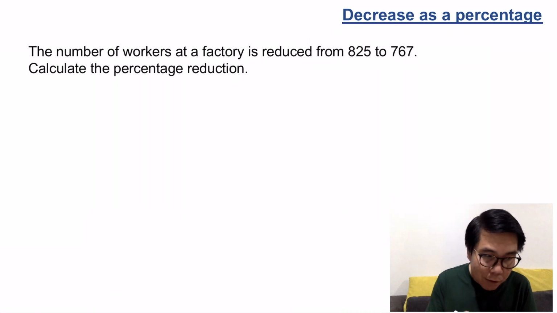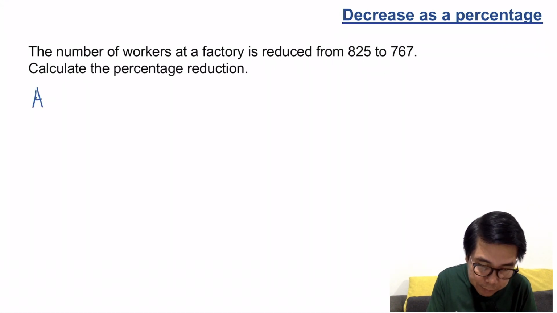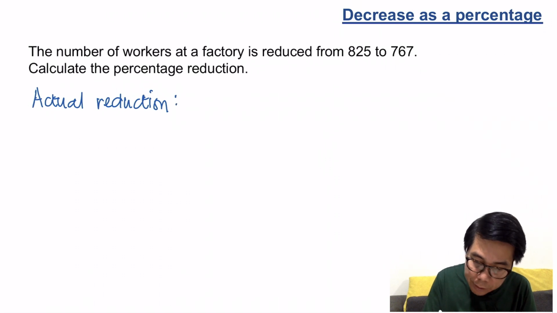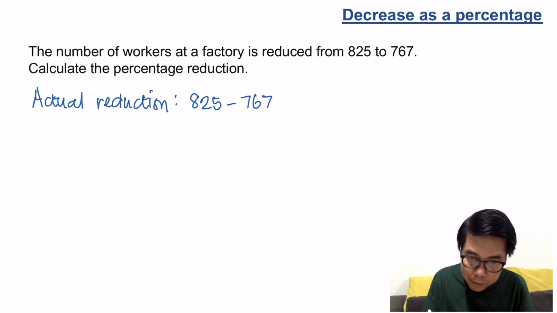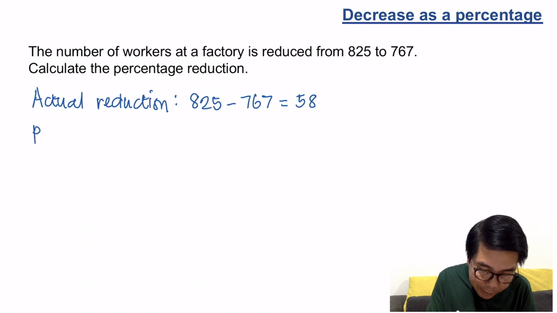First, we have to find out the actual reduction, which is 825 minus 767, which is equal to 58. Then we have to find out the percentage reduction.